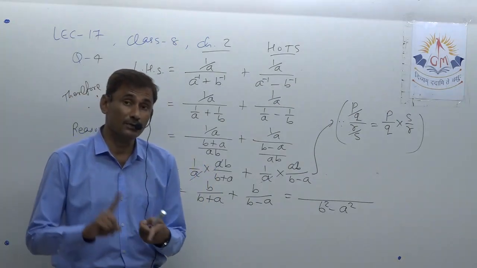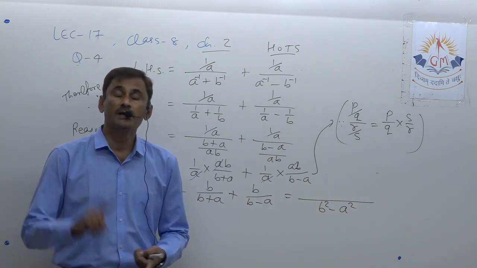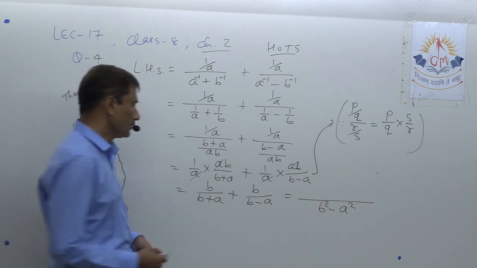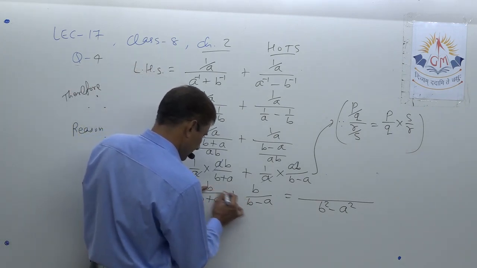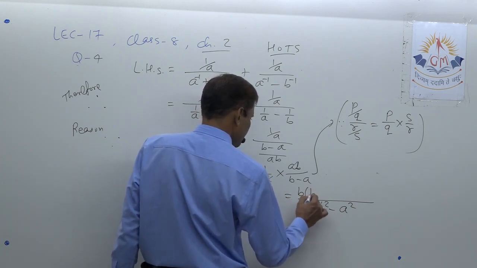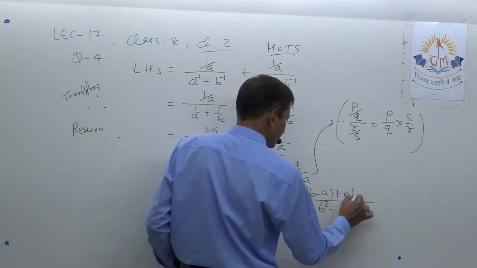In standard 5 you already studied that, you already remember it, and you applied it also in various sums. Okay, now cross multiply. So just multiply B with B minus A. So it will be B minus A. I am not multiplying, just putting them. Plus B plus A.